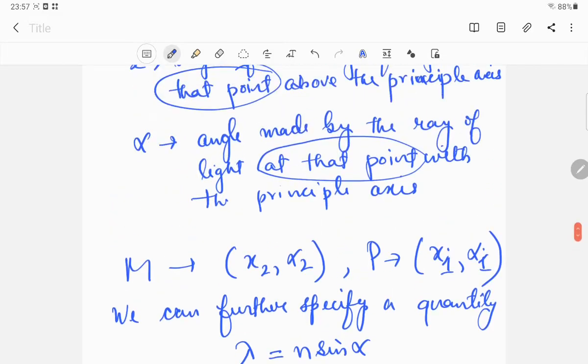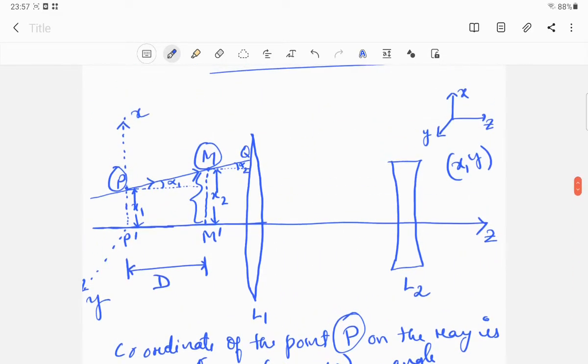So here what I will do, look at this diagram. See, this angle is called alpha, isn't it? This angle is called alpha 1. So I will call this angle psi. You can see that alpha 1 is nothing but 90 minus psi 1.